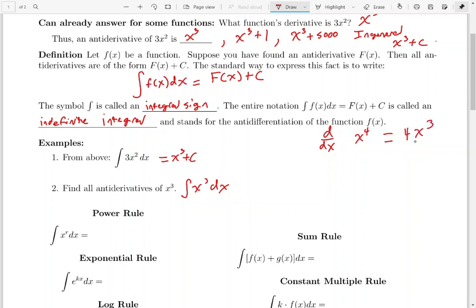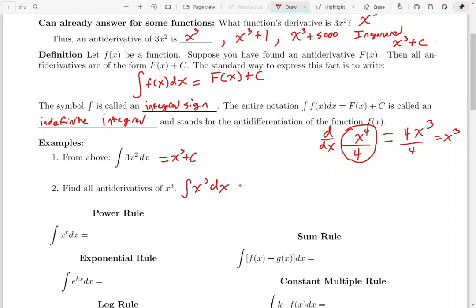What could I multiply times both of these sides to get me x cubed to go into it? Well, if 4 is here and I need to get rid of it, why don't I divide by 4? Well, then what happens? I've then got the derivative of x to the fourth over 4. That gives me 4x cubed over 4, which leaves me with x cubed. Okay, that's our winner, right? So if I take the derivative of x to the fourth over 4, I'm going to get x cubed.